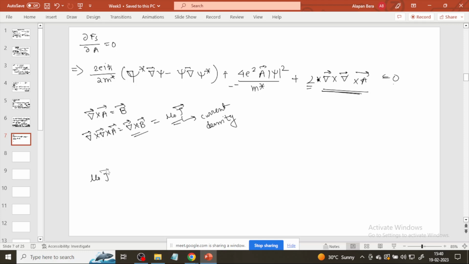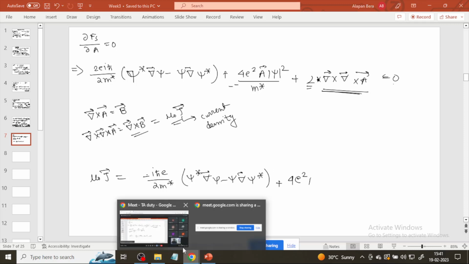So mu naught j is equal to minus i h cut e by 2m star into psi star delta psi minus psi delta psi star plus 4 a square.